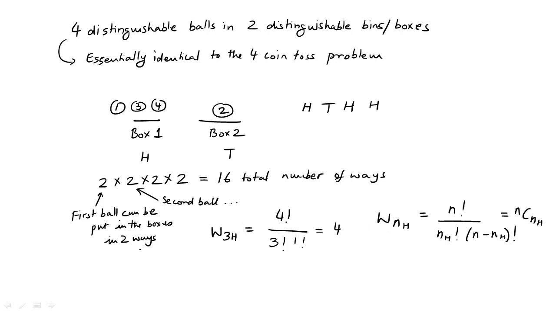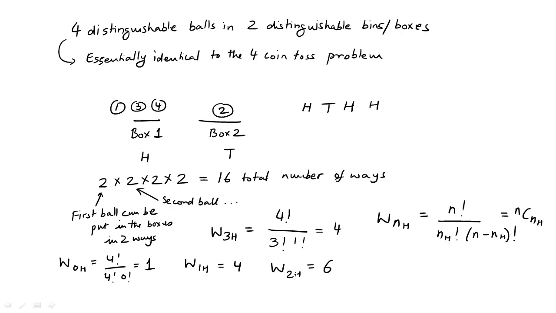Using this formula, we can easily get the number of ways of getting 0 heads, that is 4 factorial divided by 4 factorial times 0 factorial, that is 1. The number of ways of getting 1 head comes out to be 4, and the number of ways of getting 2 heads is 6.